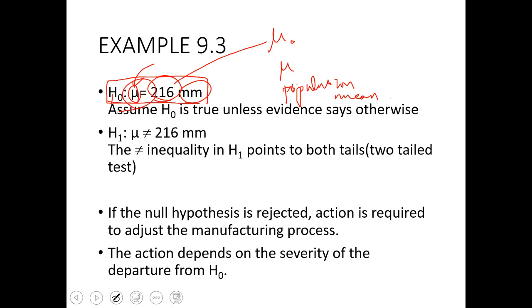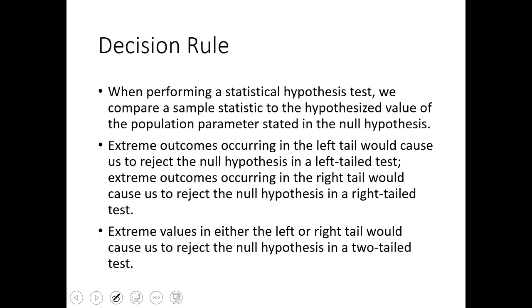So mu should be the same as 216. If mu is greater than 216 or less than 216, then it is bad news. So that is the alternative hypothesis. If the null hypothesis is rejected, then we have to change the machine or repair the machine or increase the accuracy of the manufacturing process.